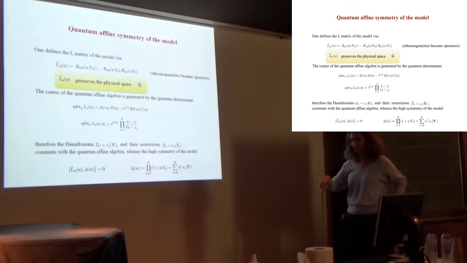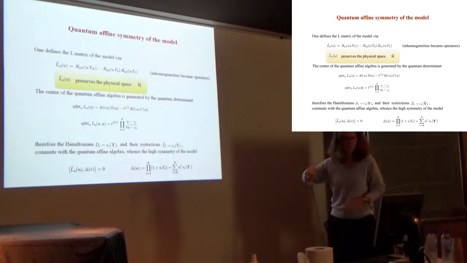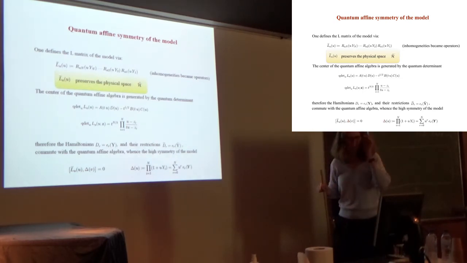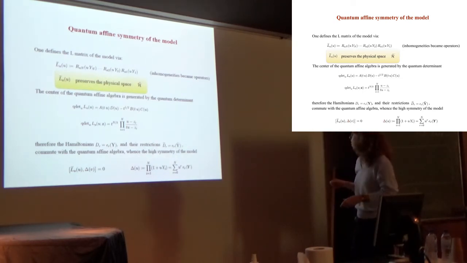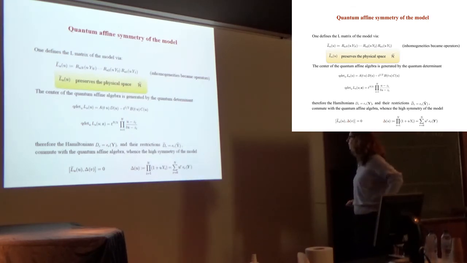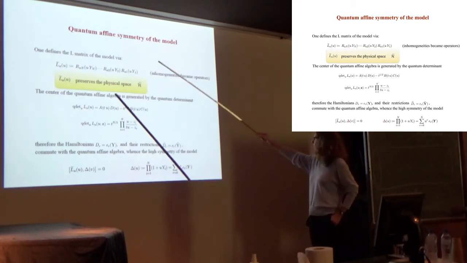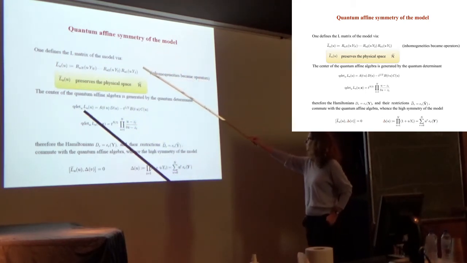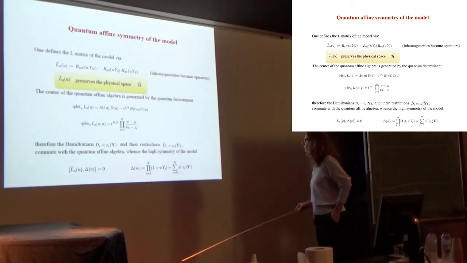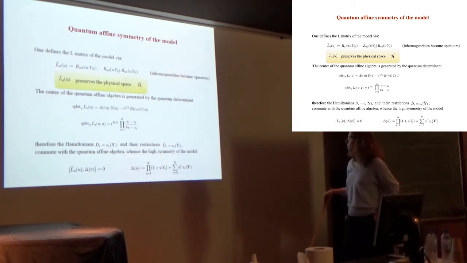So one has an action of the L matrix on this physical space, and that's the space of states of the spin McDonald-Ruijsenaars operators. And the elements of the L matrix generate the quantum affine algebra.